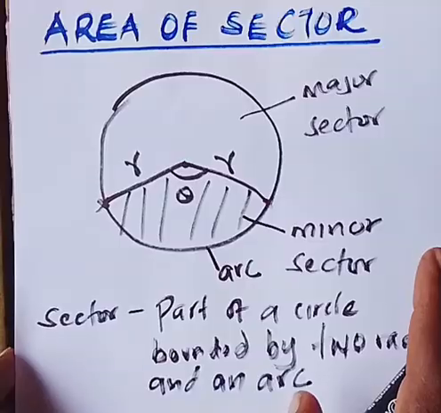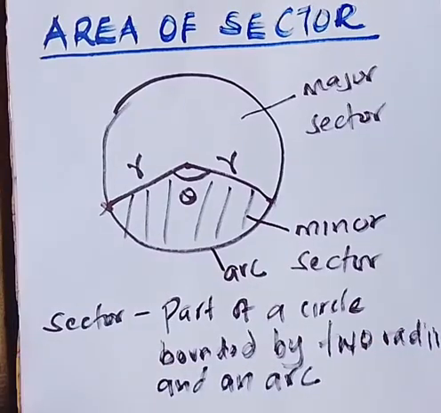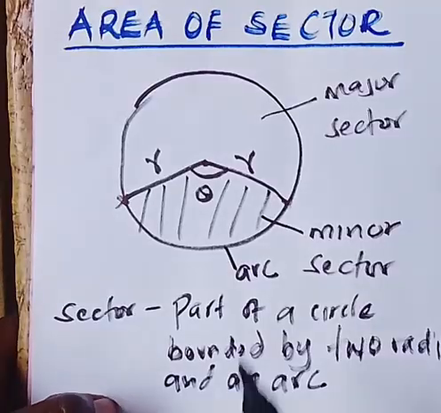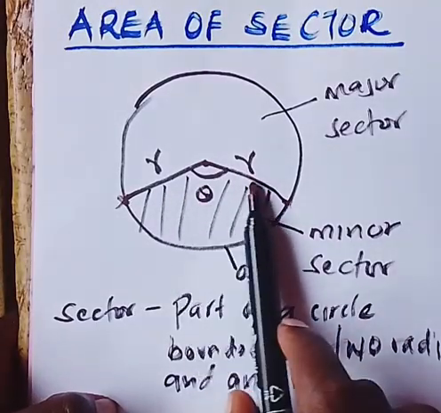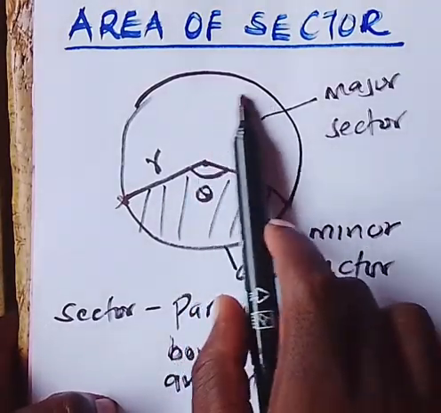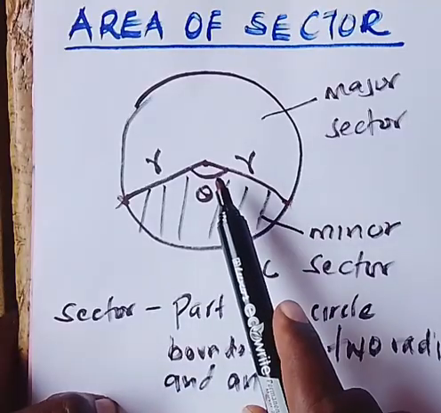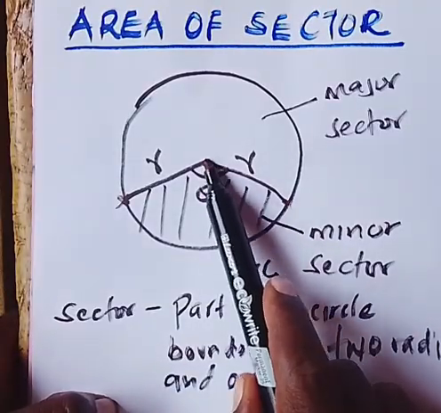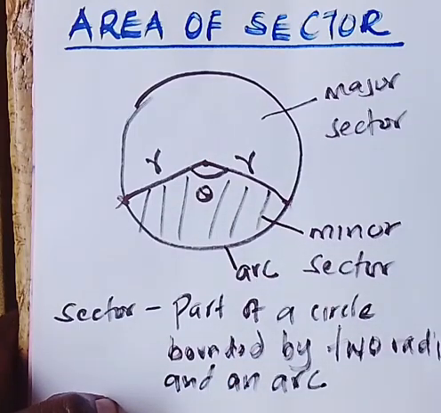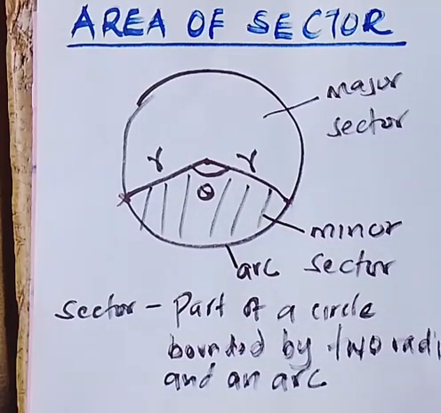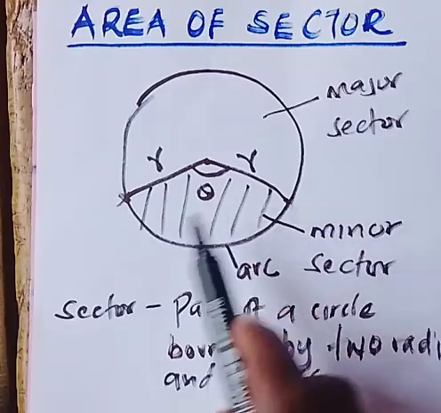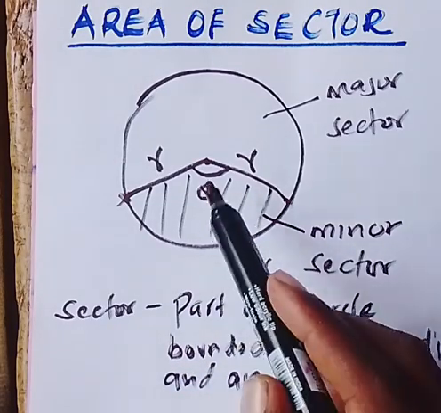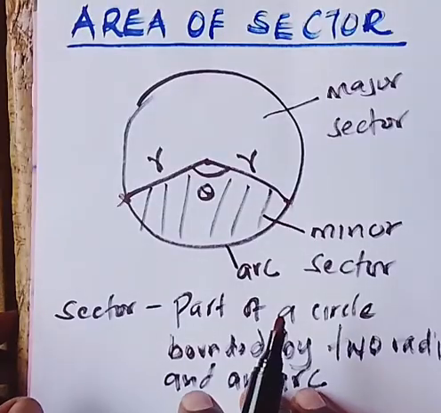Now, as we look at the sector, if we want the area of the sector, you'll realize that this is part of the circle. Now, if we want the fraction of the area of the circle here, you know the angles at a point add up to 360. So if we want the fraction which is bounded by this sector, then we will say it is this angle over 360.